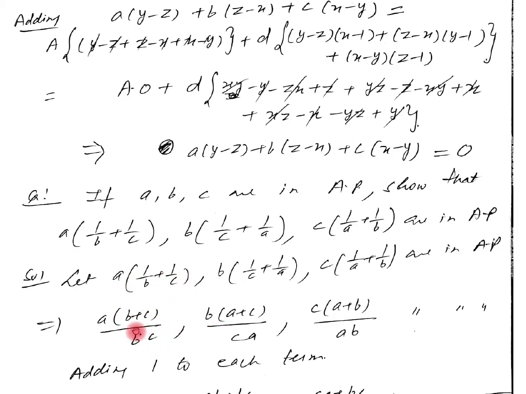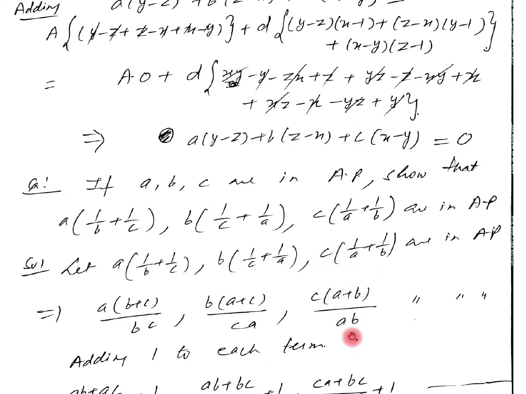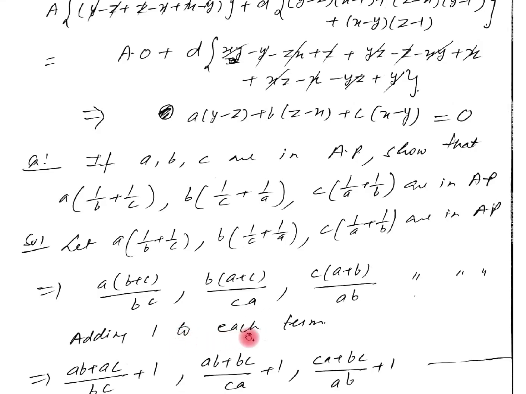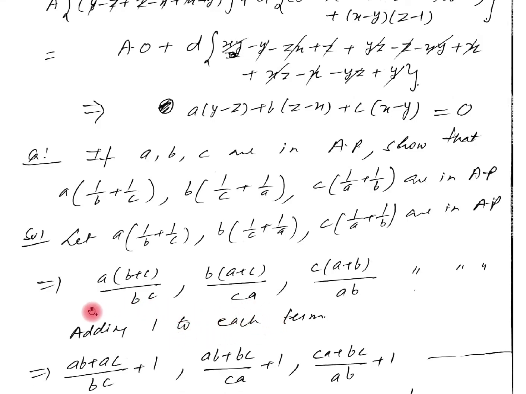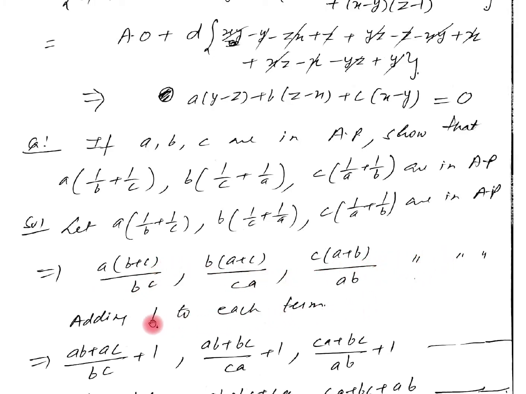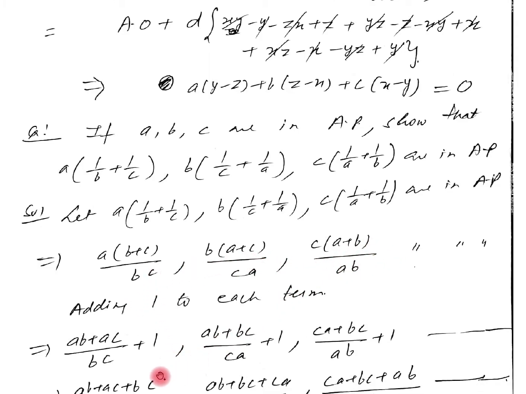Opening the bracket, it becomes a into b plus c by bc, b into c plus a upon ca, and c into a plus b upon ab. Now here adding 1 to each term. I am using the result: if an equal quantity is added to each term, then the resulting sequence is in AP. Adding 1 to each term of this AP, I am getting this.